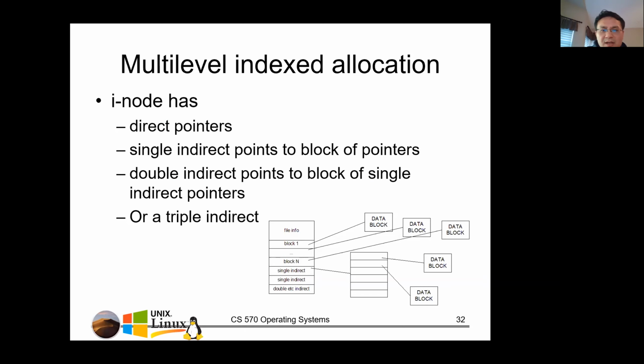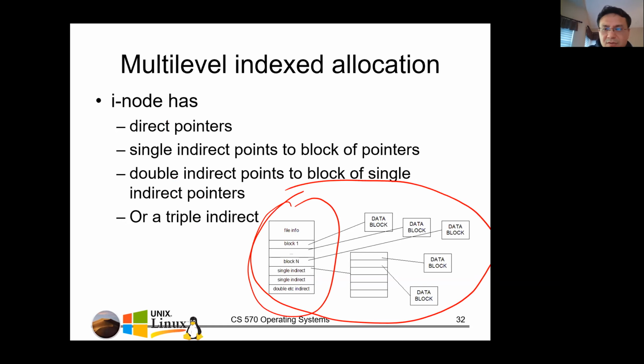Let's look at this diagram again. Every file has a root inode. It starts with the file information, the metadata.